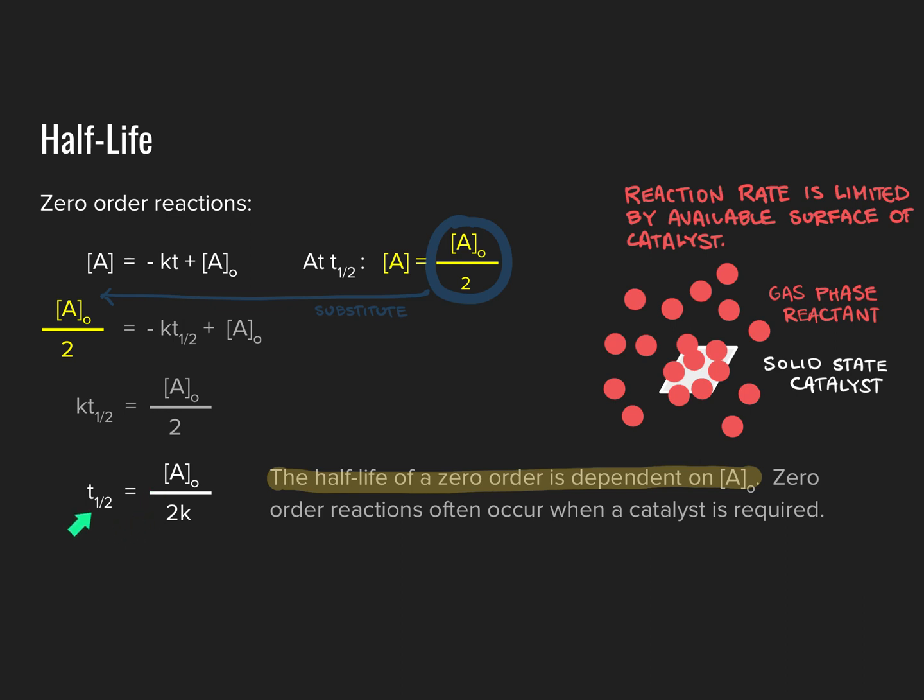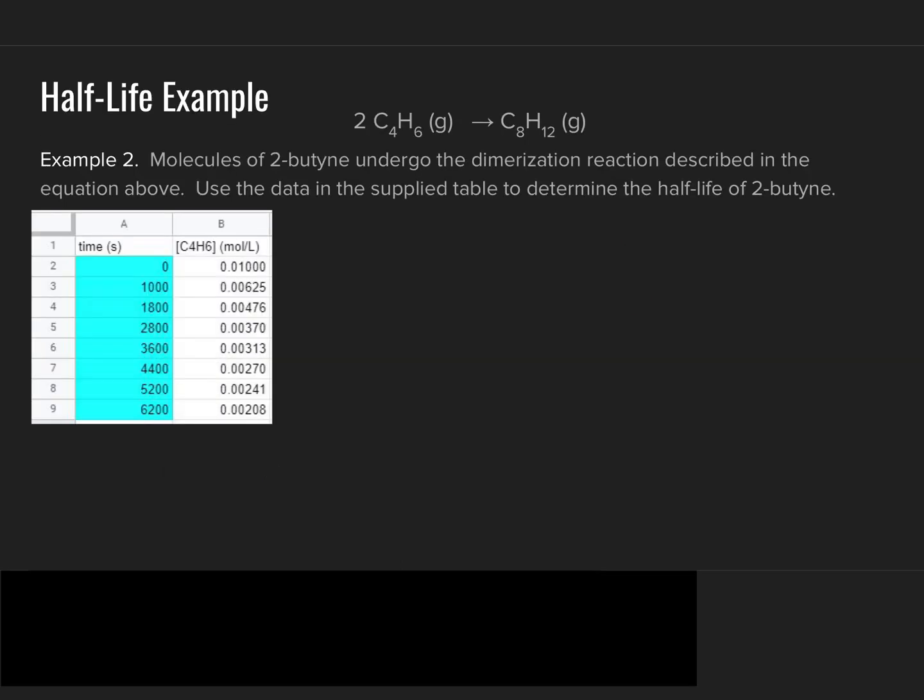If you had a very small concentration of species A, then it's not going to take very much time to work through the amount of material present in your system, which means at low concentrations you would expect to see a relatively short half-life. So, long story short, if you find that the half-life time decreases as a reaction proceeds, that's a pretty good indication that you're probably looking at a zero-order reaction for that system.